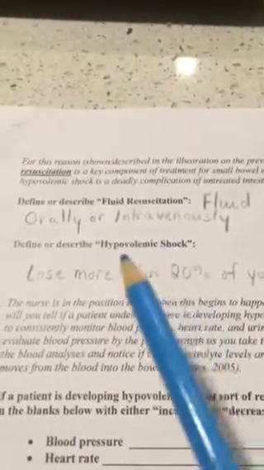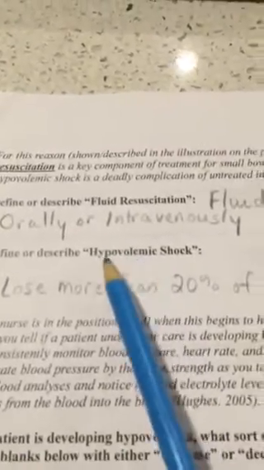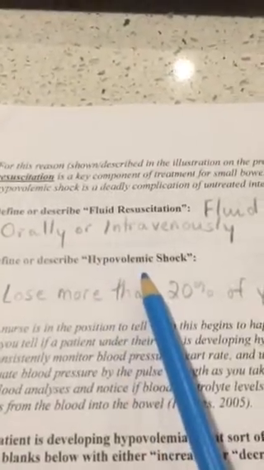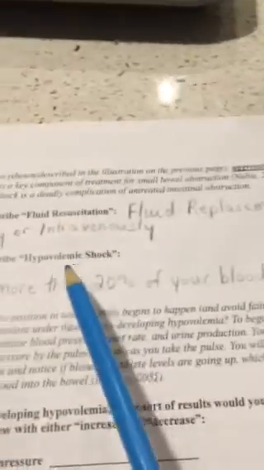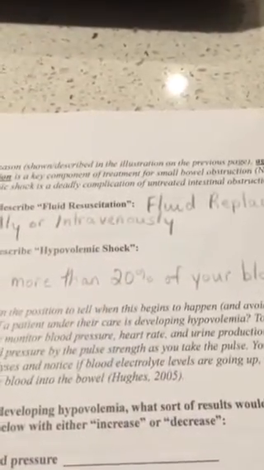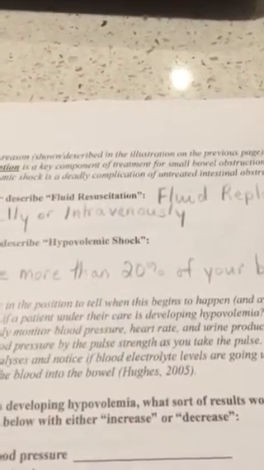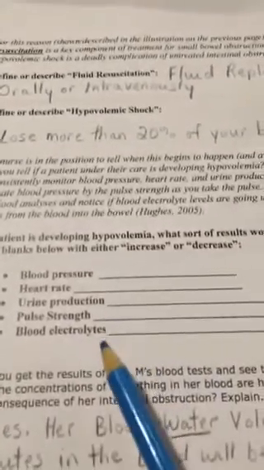This patient could go into hypovolemic shock. Hypovolemic means low volume. So low blood volume is hypovolemic shock. When you lose more than 20% of your blood volume, that's what can create hypovolemic shock. It's going to drop blood pressure. It's going to do a little list of things here that you're going to see. So let's go ahead and answer these questions.